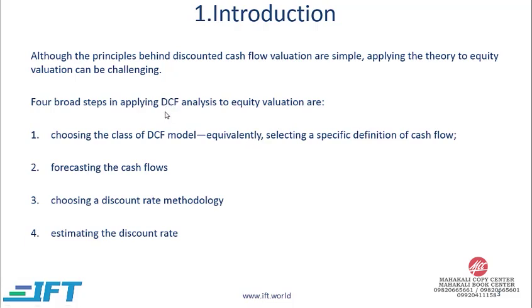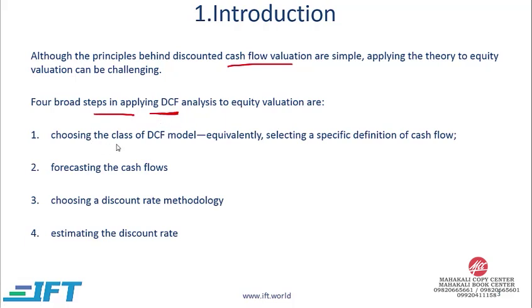In general, when we talk about discounted cash flow valuation, we follow a certain process. This term, discounted cash flow valuation, refers to a family of models, and we've also talked about this in earlier readings. There are four broad steps when we apply discounted cash flow valuation.